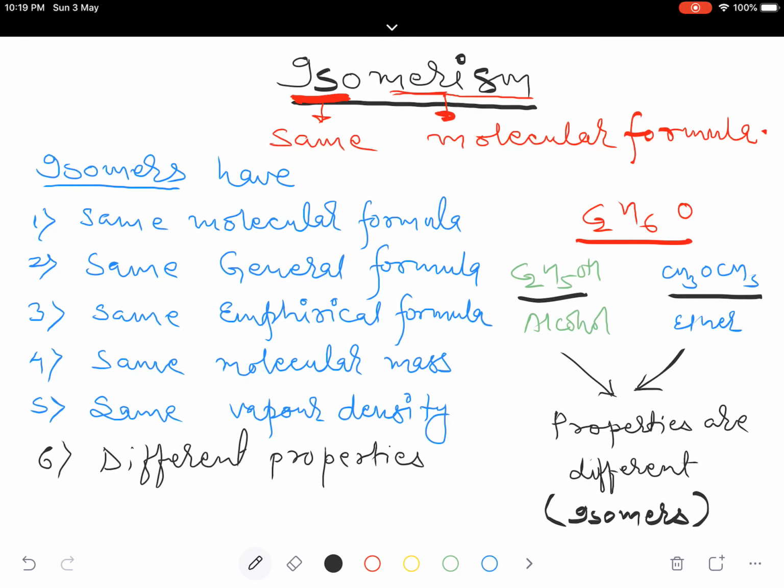Alcohol will have different chemical properties, ether will have different chemical properties, even if we look at physical properties as well. See, differences in boiling point and various other physical properties like density might be there, right? So these kinds of compounds are called isomers. So this is the basic definition or basic differentiation of how two different compounds can be said to be isomers to each other. Right now, I am going to define the exact definition of isomers.